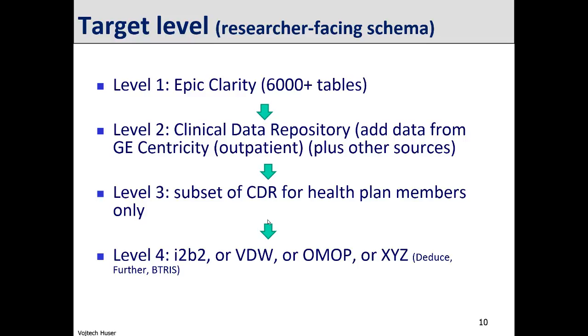On level 2, I may boil it down to fewer tables for my internal institutional needs. I may restrict it further to some subsets of population of interest, and maybe at what I call a data sharing level, or integrating data across multiple sites in a schema such as virtual data warehouse or OMOP. But it's far removed from the original native EHR data.